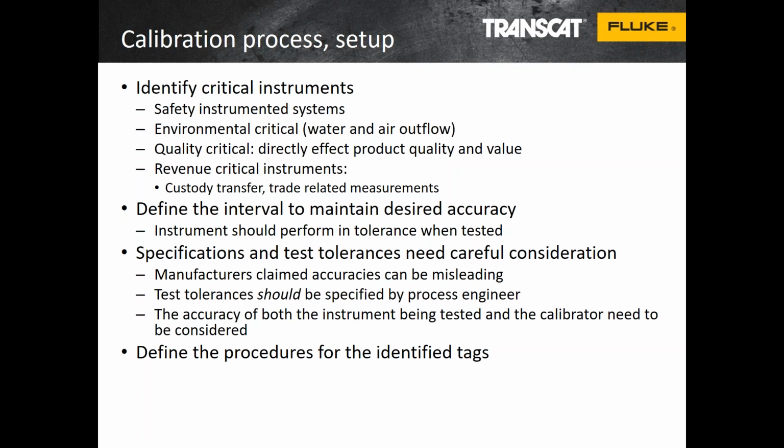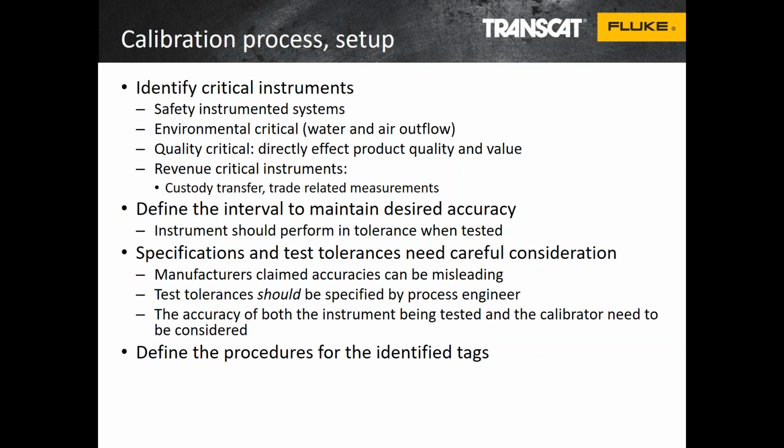Okay, there's other tertiary devices in the plant that, in some of the plants, they run them to fail. It may not be the best mode to operate in. It could be that they need to be added to the system, but we ought to begin with the critical devices. So once you've identified the devices, then define the interval to maintain the desired accuracy and allowable deviation of that device in the measurements that it's reporting back to the control system.